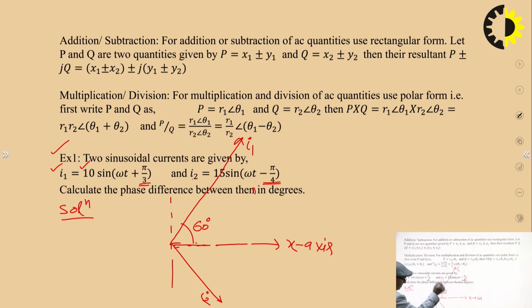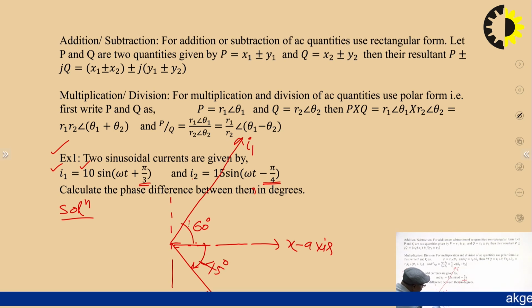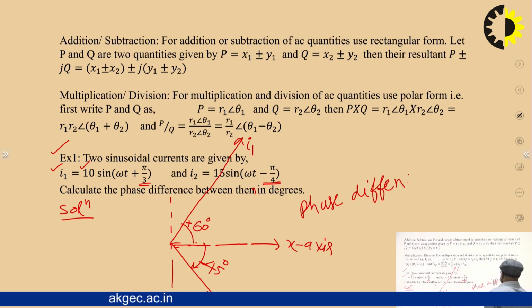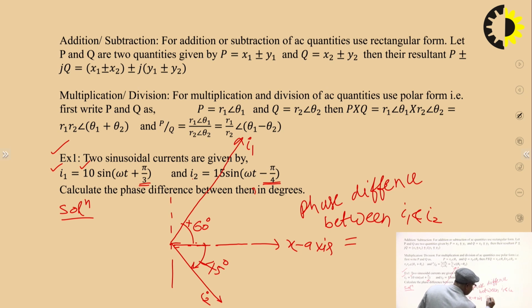Magnitude may be different, but the direction is plus 60 degrees and minus 45 degrees. So the phase difference between I1 and I2 will be equal to 60 plus 45, which means 105 degrees.